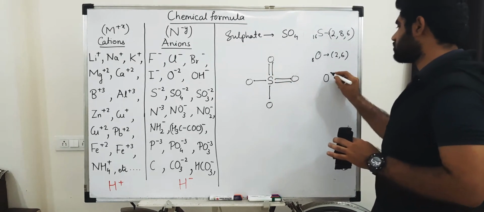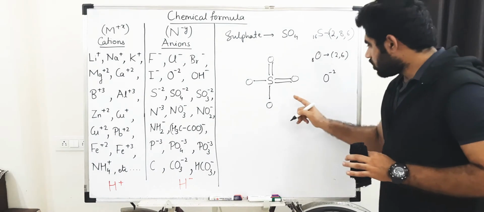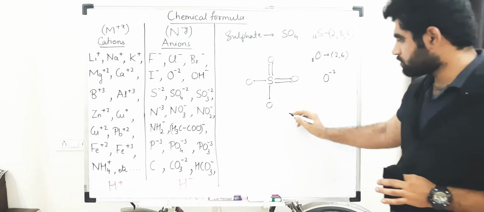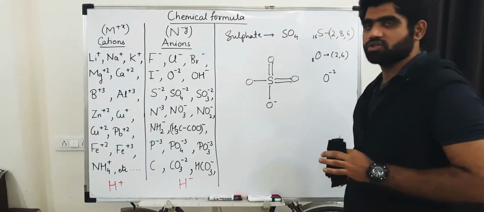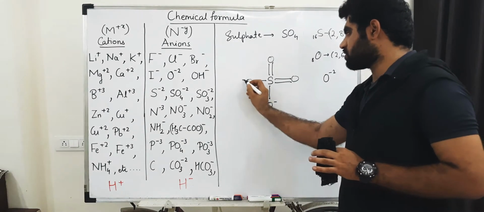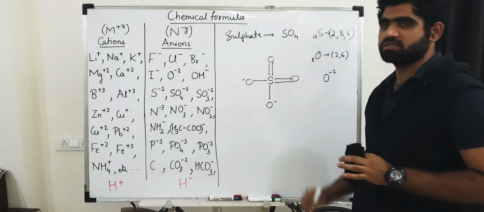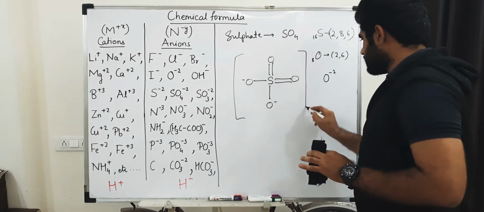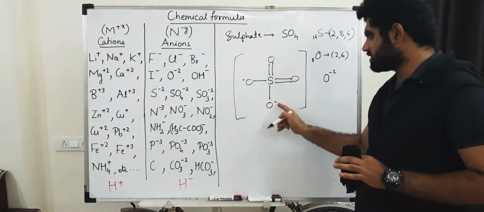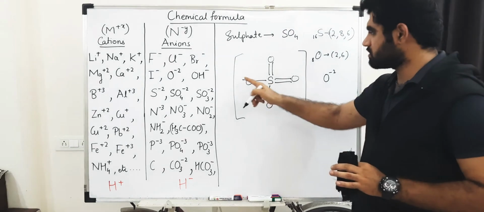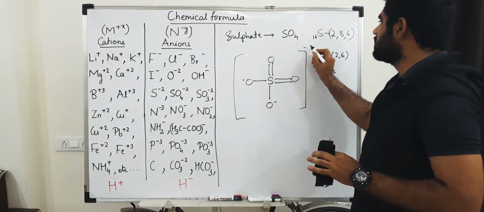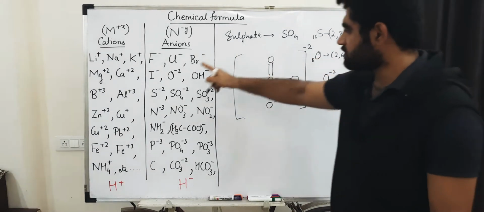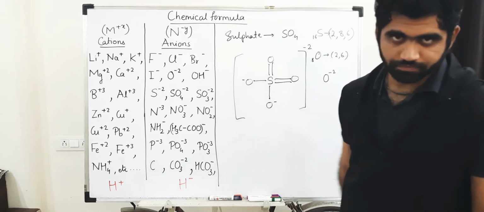Actually we know oxygen has -2, but you observe that one of the electrons has been given, so this develops a single negative charge over this oxygen as well as over this oxygen, while both of these oxygens are completely satisfied. So we can say that SO4 has 1 minus on this oxygen, 1 minus on this oxygen, ultimately resulting in -2. Therefore SO4 should be SO4 -2.